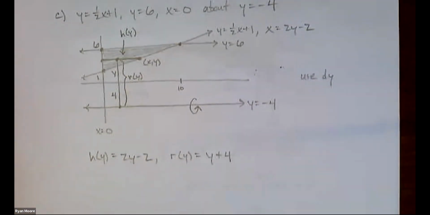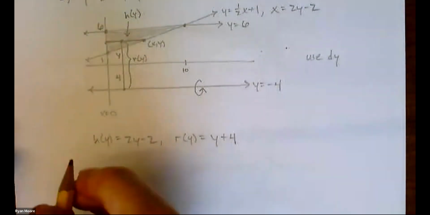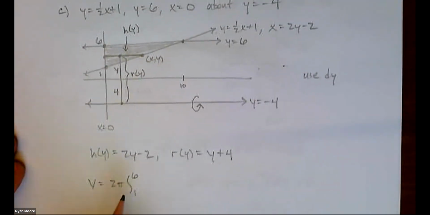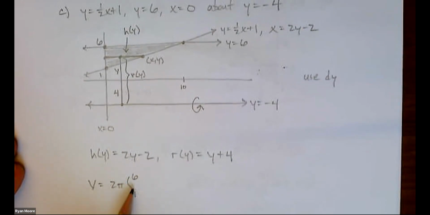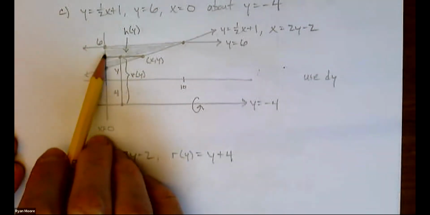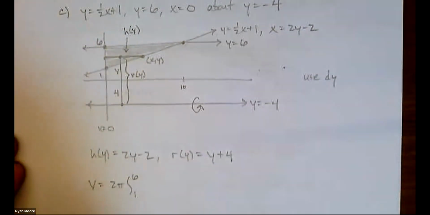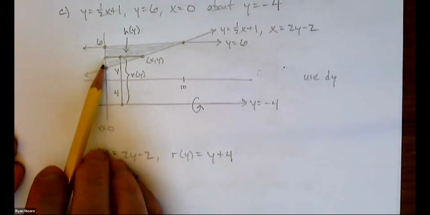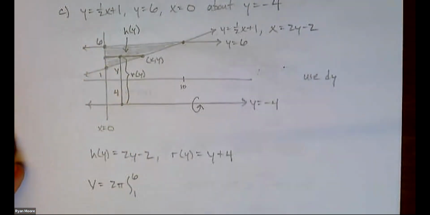Okay. So the volume will equal 2 pi integral, still from 1 to 6. This sometimes confuses people. Your limits of integration always come from the boundaries of the region. We start the region at 1, we stop the region at 6, moving upwards.